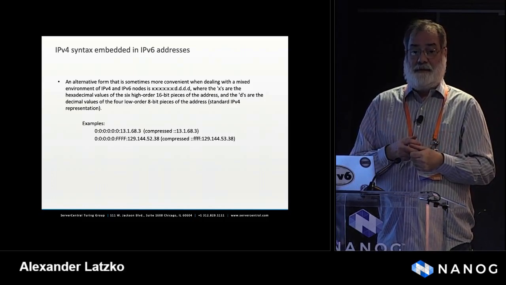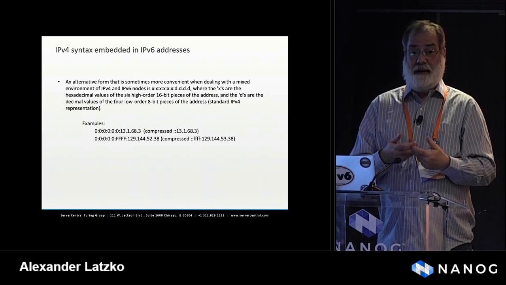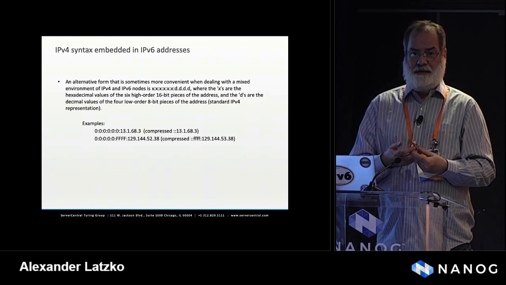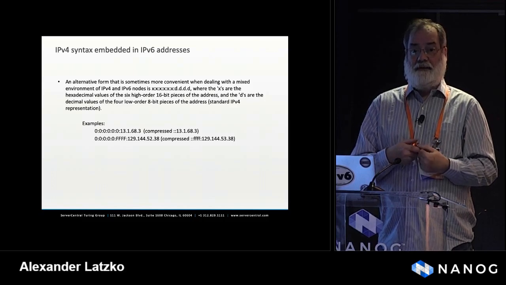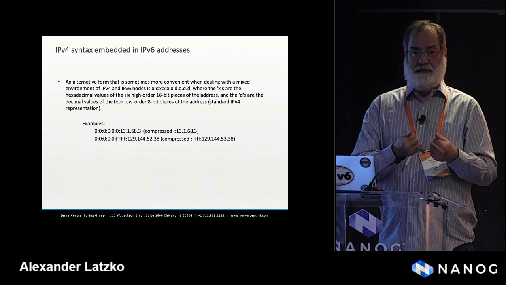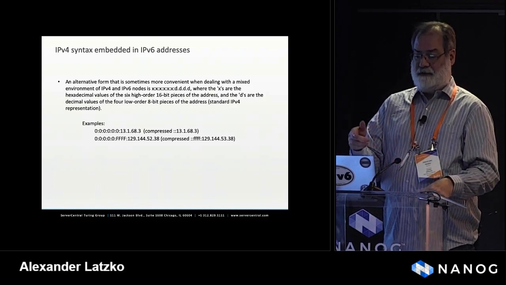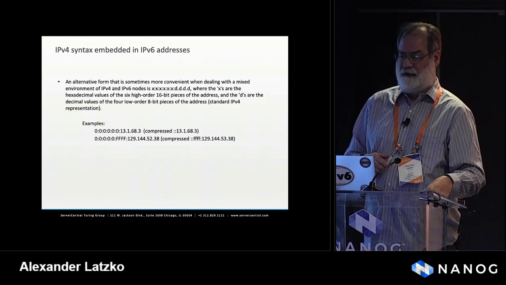Very often used by people who are adding IPv6 to an existing IPv4 backbone and for whatever reason don't want to do a proper IPv6 address matrix. Or if you want to use the IPv4 address as an index, you can do it. The compressed ::ff is used for v4 or v6 routing. You'll see that fairly often.